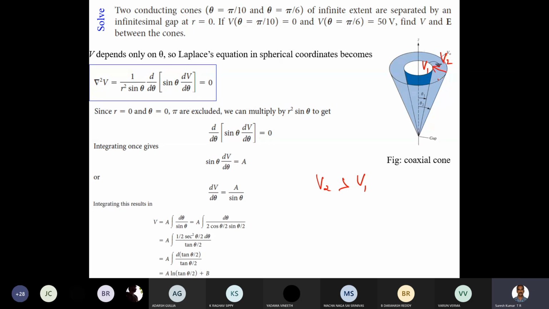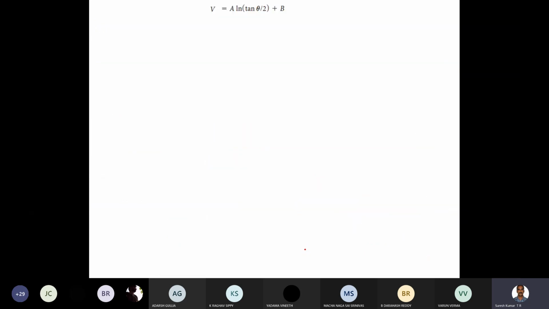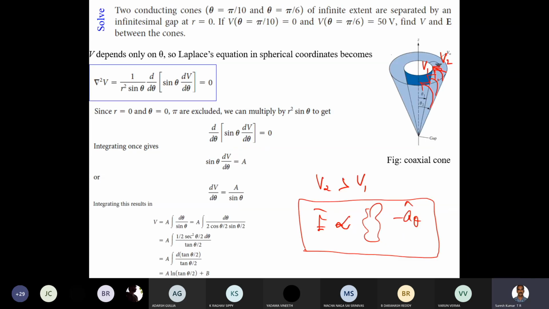So electric field lines will go in this direction. So it's not radial, it is theta direction, right? So it is in the opposite to positive theta. So you can say electric field is along the negative theta direction. Clear?